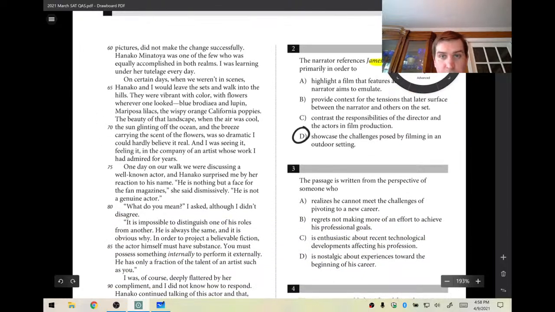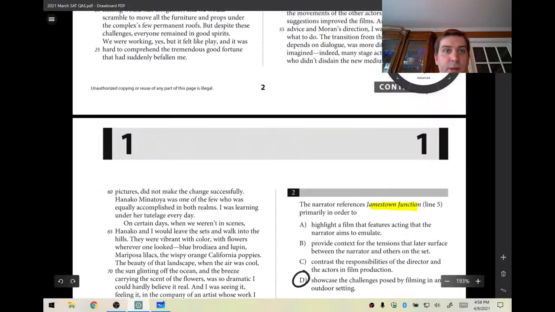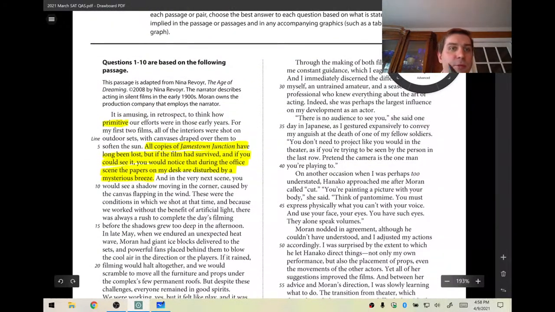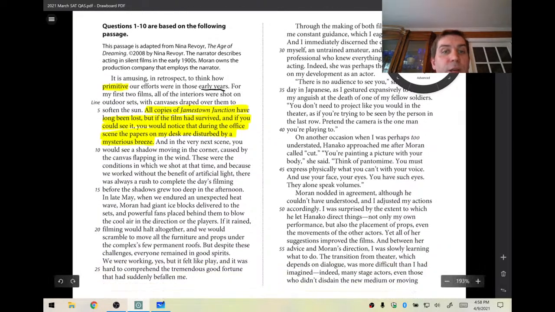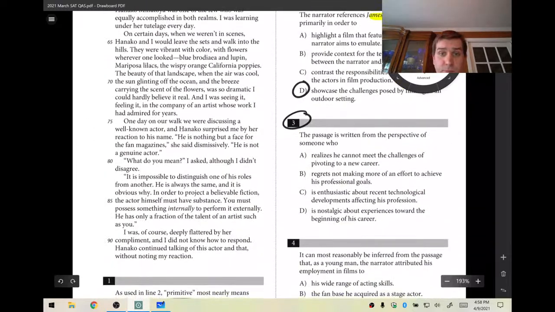This is a perfect sentence for this one. "It was amusing in retrospect to think how primitive our efforts were in those early years." Thinking about the early years, and then this mention of Jamestown Junction. It's nostalgia. It's nostalgia about those early experiences, those early films.